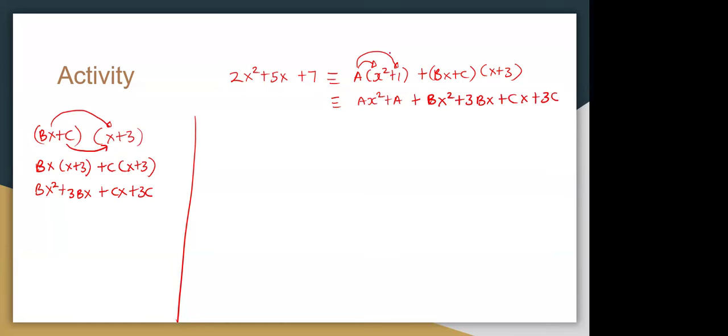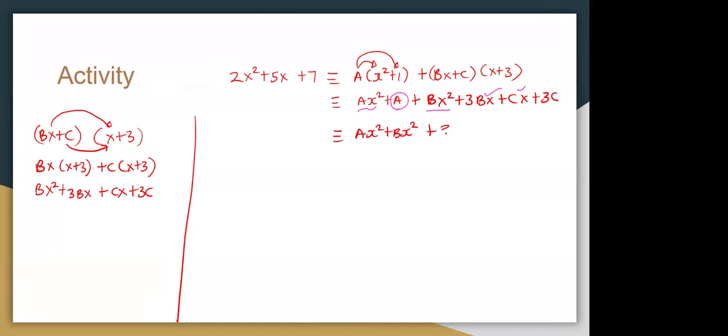Now you start collecting like terms. With x squared, I have this, I have that. So I'm going to put them together. So I'll have this equivalent to a x squared plus b x squared. Then with those with x, I have this and this second.